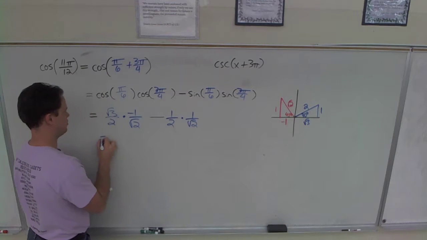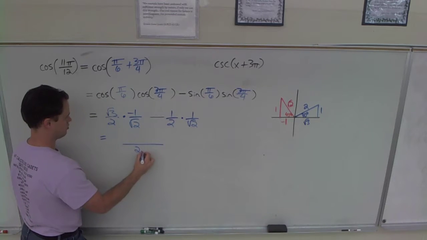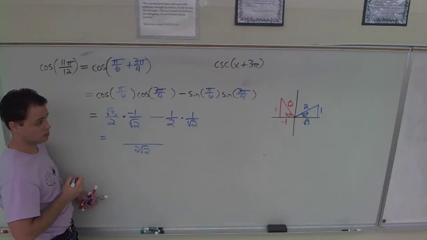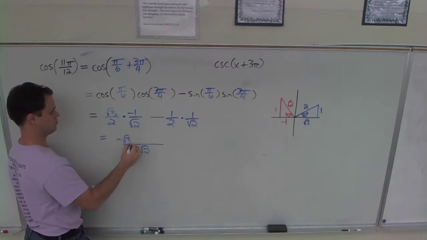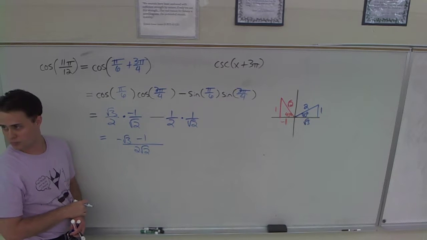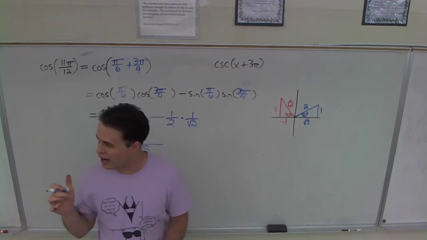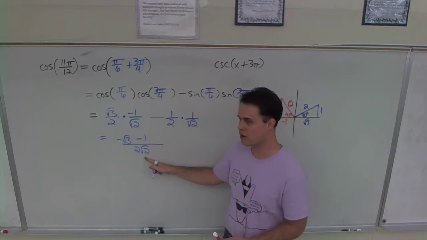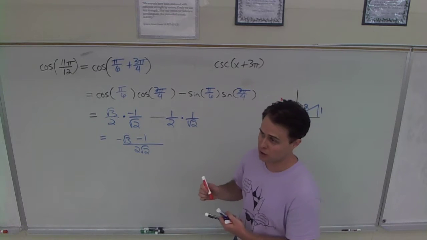They end up with the same denominator, so it's okay. We're going to have 2 square roots in the denominator. And we're going to have the negative square root 3, minus 1 on the outside. That's good enough. It's not rationalized because we've got a square root down here. If you want to rationalize it, the book might. I'll just show you.